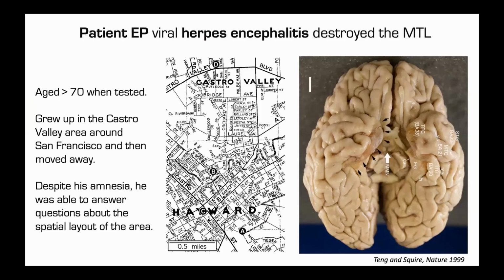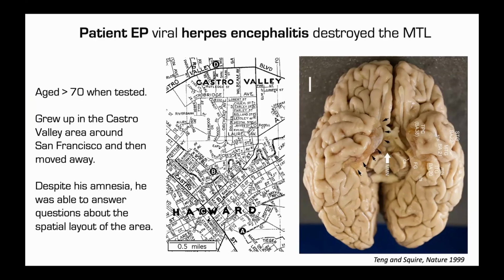So his interest, as Menno was saying earlier, was not only monkeys and connectivity and cytoarchitectonics. He also worked with human patients, doing the neuroanatomy, of course, of these patients. One of them was patient EP, who had herpes encephalitis, and you can see here, that destroyed the whole medial temporal cortex.